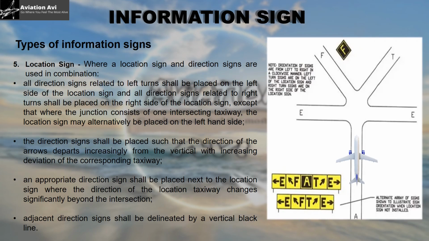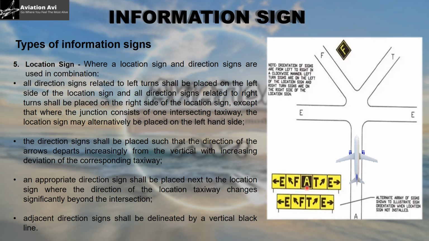Now you are at the last slide of this presentation, which gives you a little more detail on the location sign. When the location and direction signs are used in combination, a direction sign related to a left turn shall be placed on the left side of the location sign, and the direction signs related to a right turn shall be present on the right side of the location sign, as you can see here.